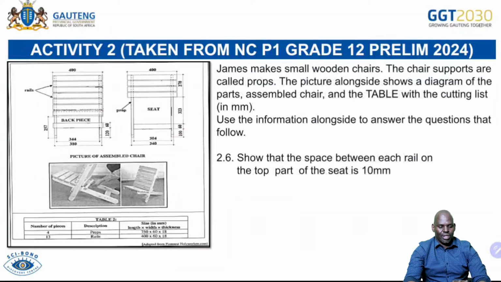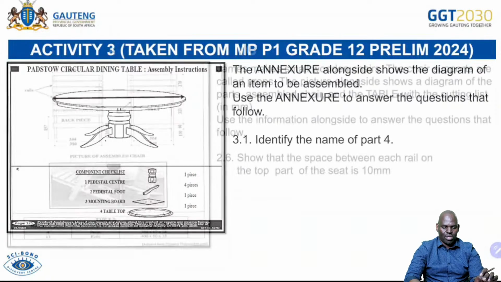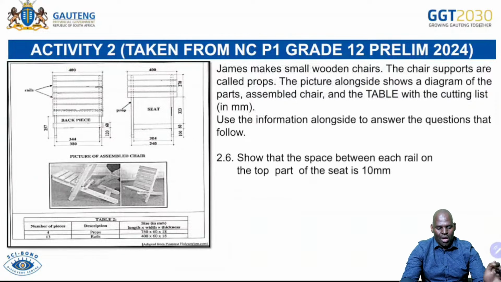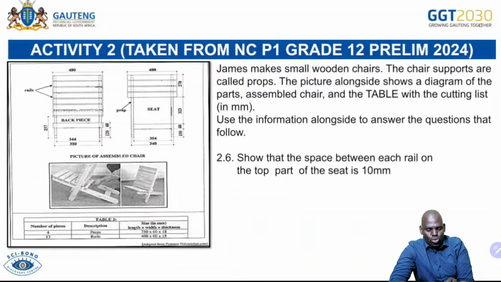Okay, the next question. Okay, sorry, number 2.6, I almost skipped that one. Number 2.6, still on the very same question. Show that the space between each rail on the top part of the seat is 10 millimeters.